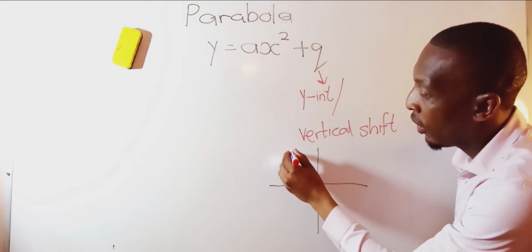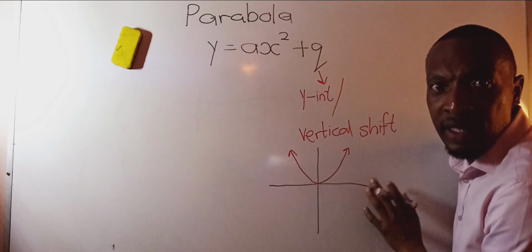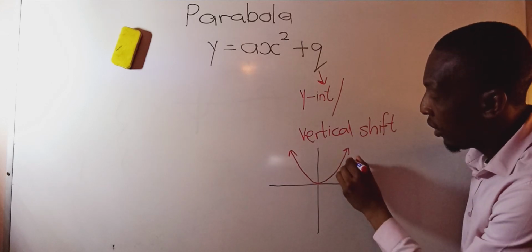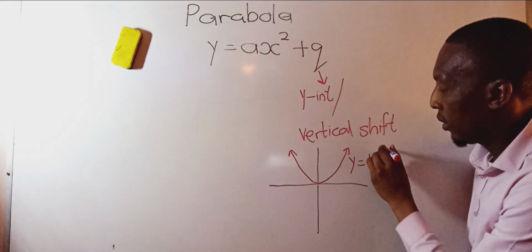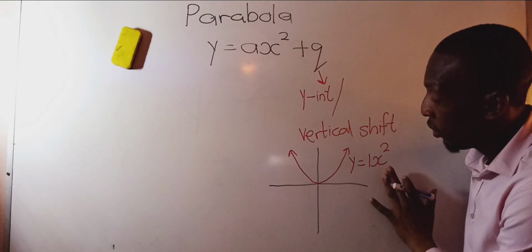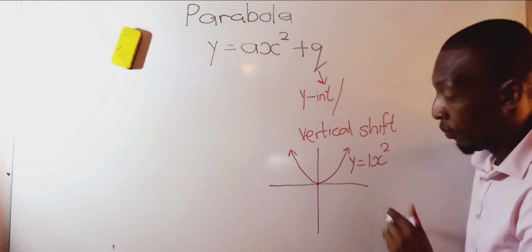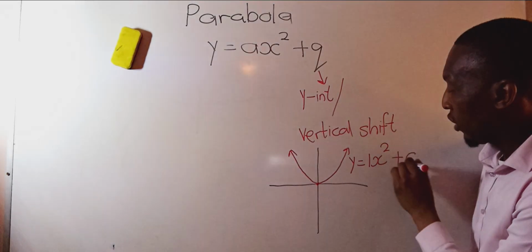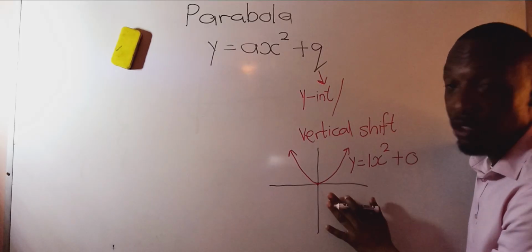For example, let's say the equation of this graph is y = 1x². If this is the equation of the graph, it means that my y-intercept is 0. So it's 1x² + 0, and my q is 0 for this graph.